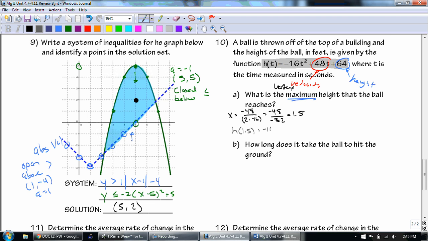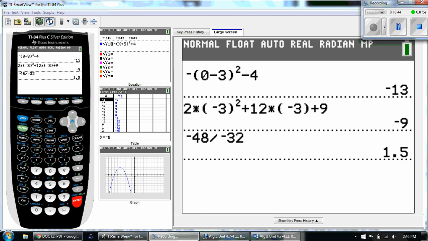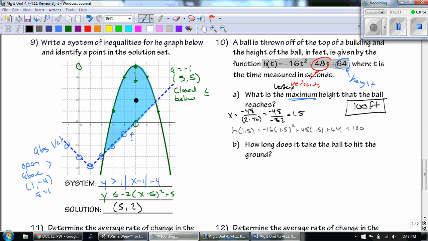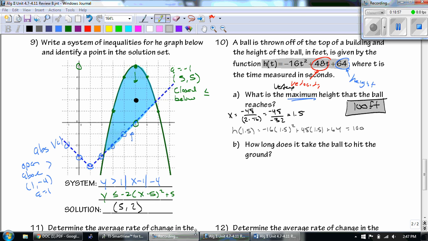So we have negative 16 times 1.5 squared plus 48 times 1.5 plus 64. Okay, and just plug that into your calculator and tell me what you get. Okay, and after plugging that in, you should have gotten that it was 100 feet.